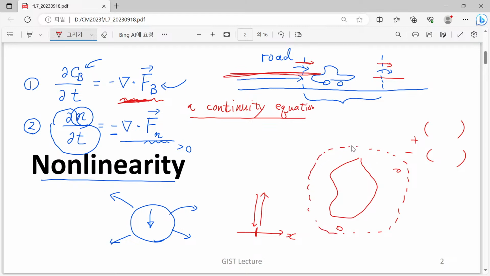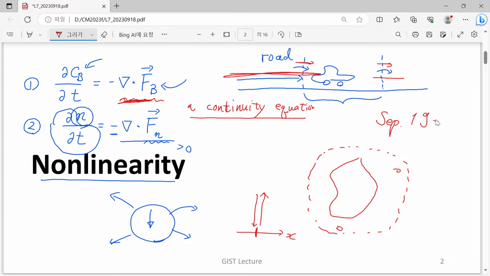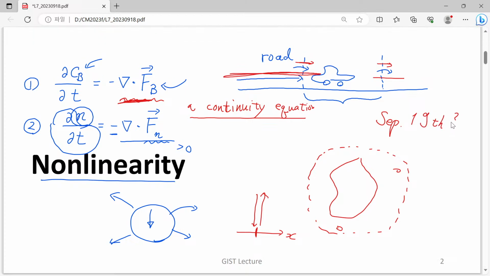Today is September 18th. What will be the number of persons on September 19th? Can you write down the change of Korean population within one day?